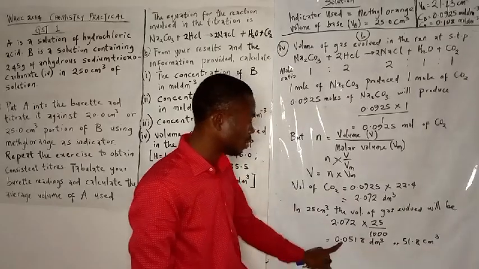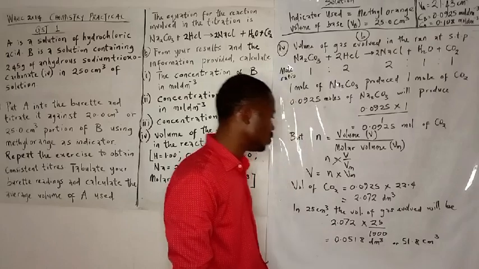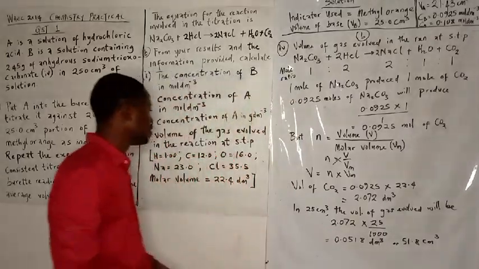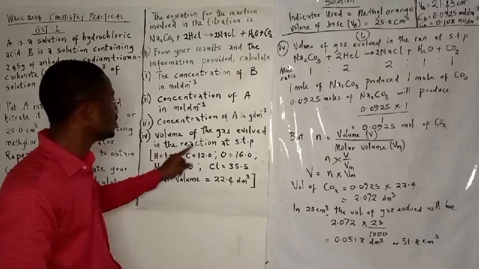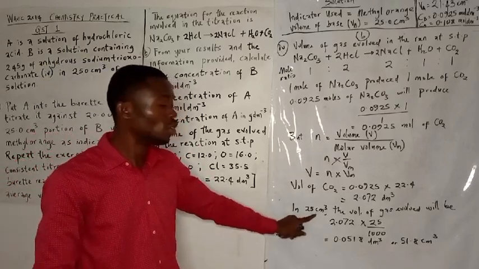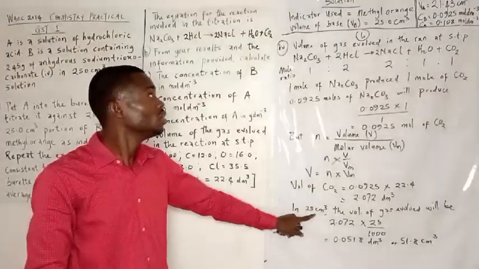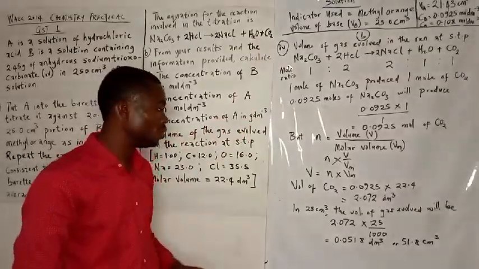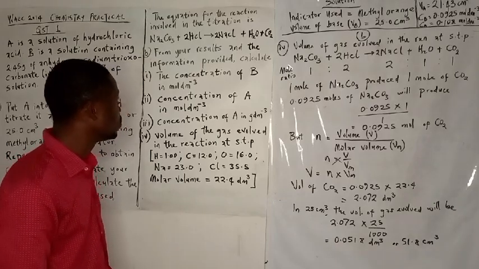So this is the answer. Don't forget that the question says we should look for the volume of the gas evolved in the reaction, and that's why we check the volume evolved where we used 25 cm cube, because that was the volume of the base that we used. So this is how to go about the questions for this.